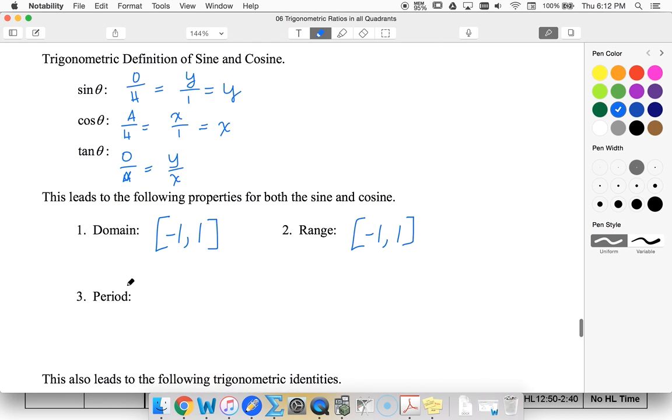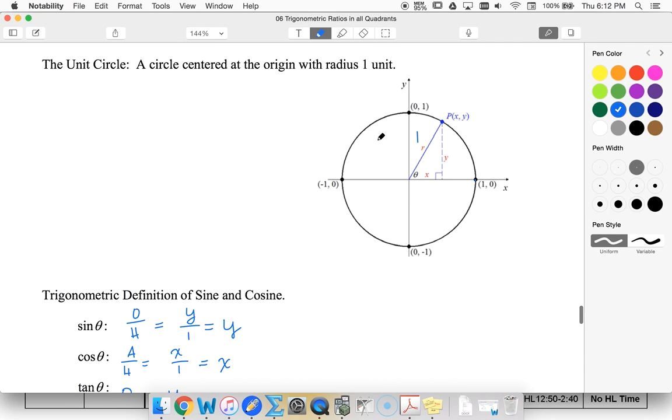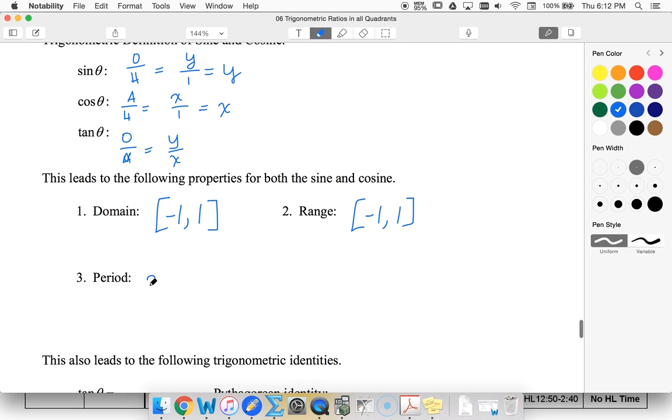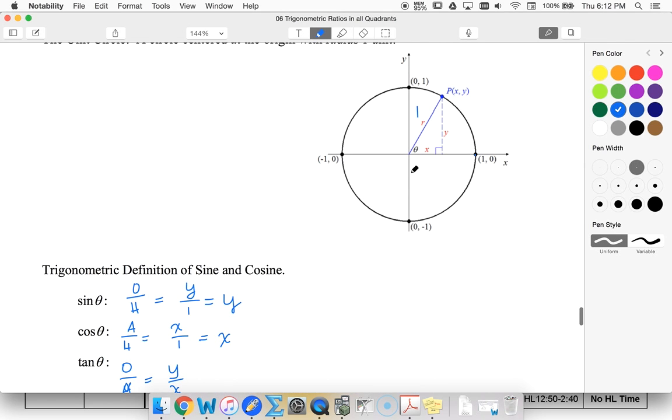So my period for both sine and cosine, I don't end up making the full circle until I've done a full 360 rotation or a full 2 pi radians. So my period is 360 degrees or 2 pi radians, but noting that my values are going to repeat, I'm going to see each value twice.